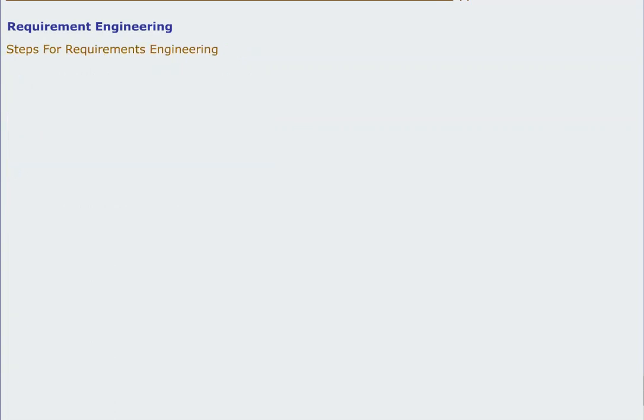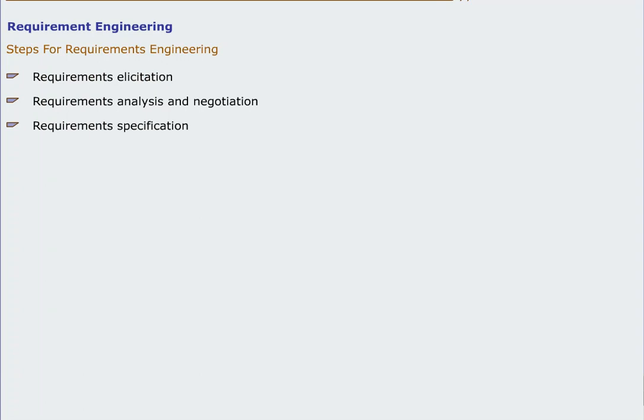The requirements engineering process can be described in distinct steps: requirements elicitation, requirements analysis and negotiation, requirements specification, system modeling, requirements validation, and requirements management.